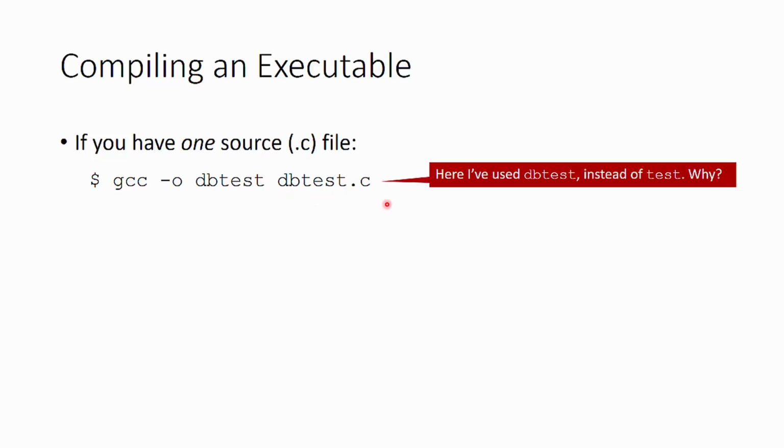And here I've used the program name dbtest instead of something like test. The reason for that is that if you create an executable that shares the name of a built-in program that's already on the Unix computer, like test, then when you try to run your program, it will instead run the built-in test, because your path environment variable is going to say look in /bin first before looking in the user's own directory.